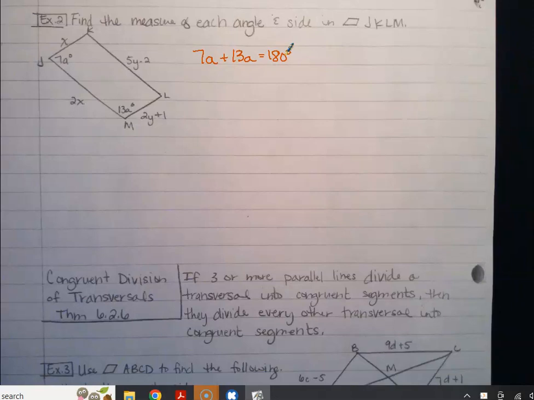Okay, so that means we've got 20A equals 180. So we divide by 20. A equals 9 degrees. So then we can solve for the measure of angle J, which is 7A. So that's 7 times 9, which means it's 63 degrees.